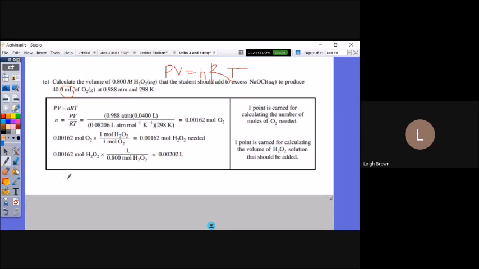Some of my students would write 0.800 equals, sorry, I wish my stylus would work, and then I've got my moles as my numerator, and I'd be solving for my volume as my denominator. So I would just put this answer right there.